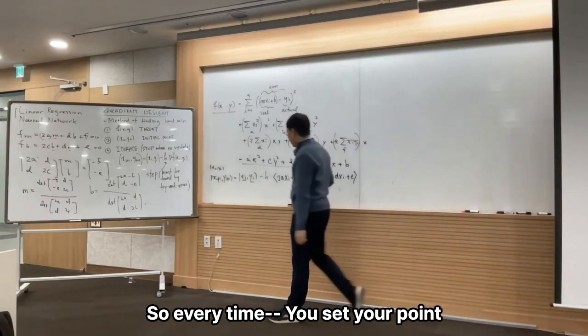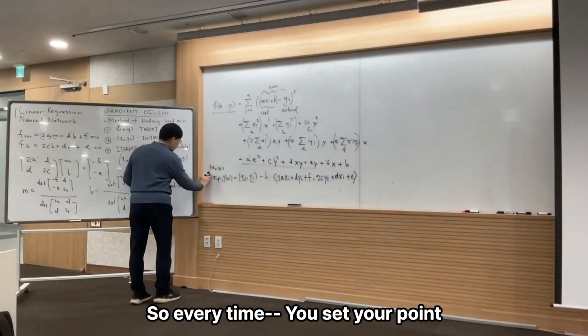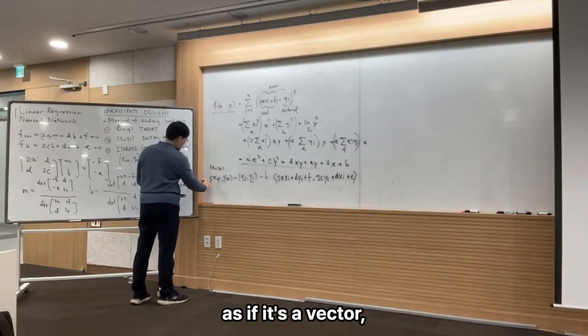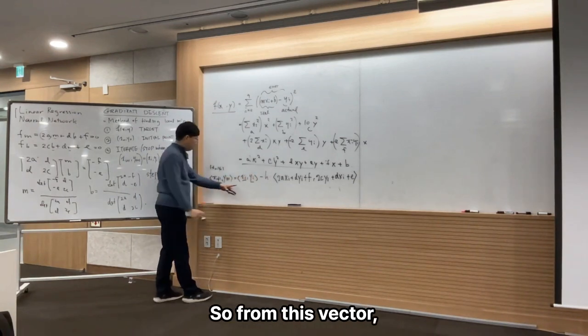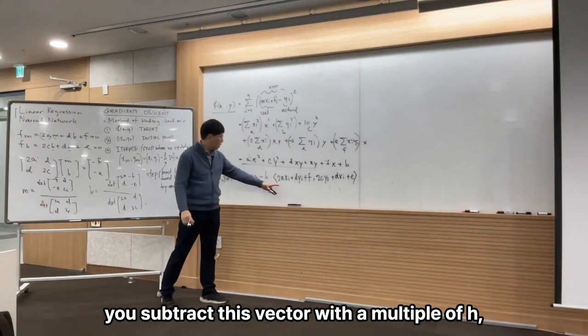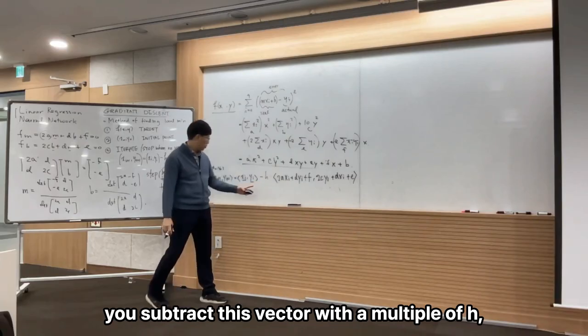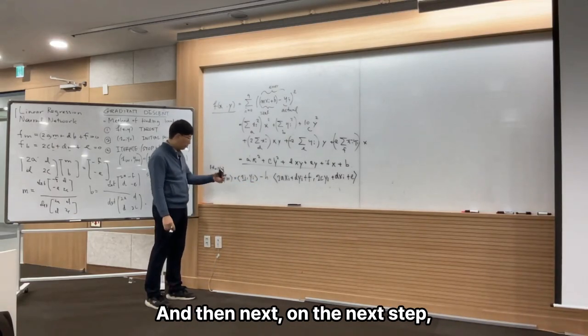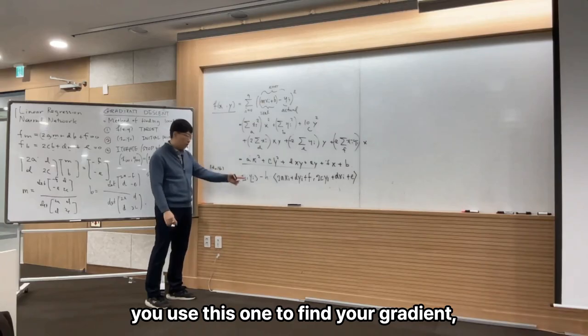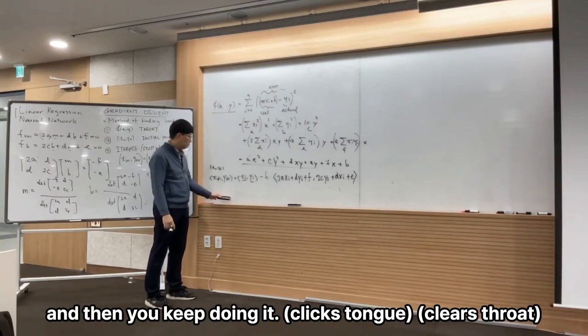Every time you set your point as if it's a vector, and then you do a vector operation. From this vector, you subtract a multiple of h times the gradient, and then update your new vector here. Then in the next step, you use this one to find your gradient, and you keep doing it.